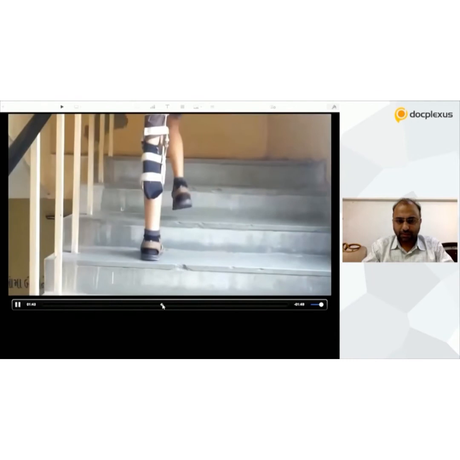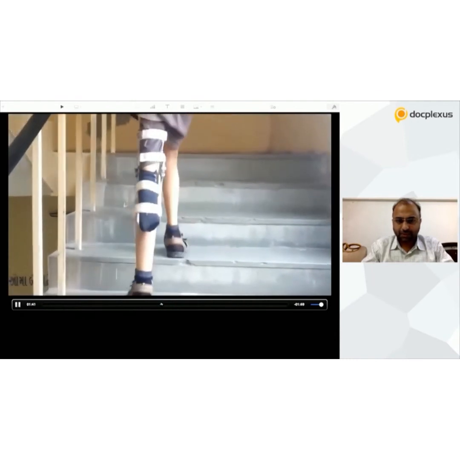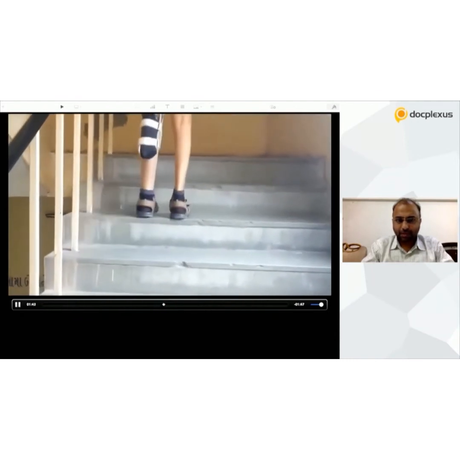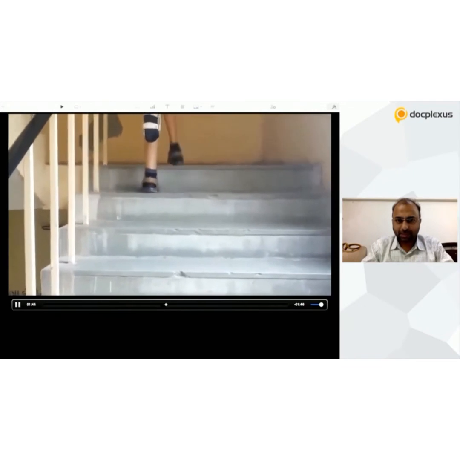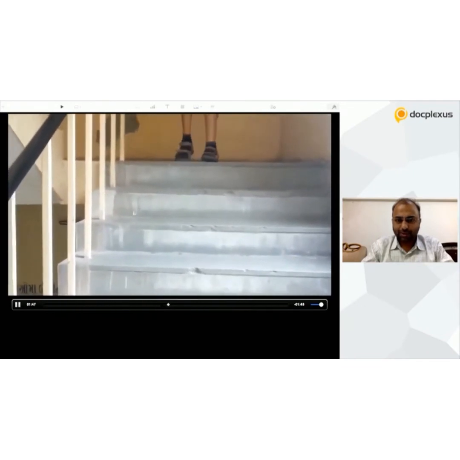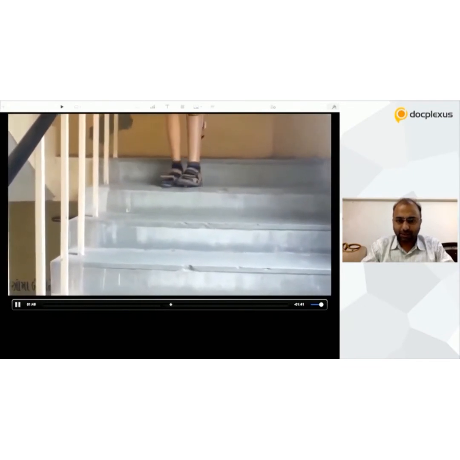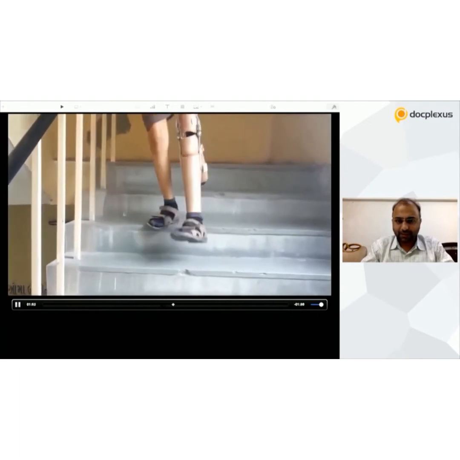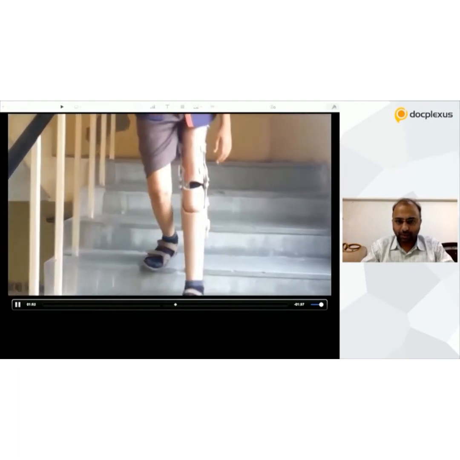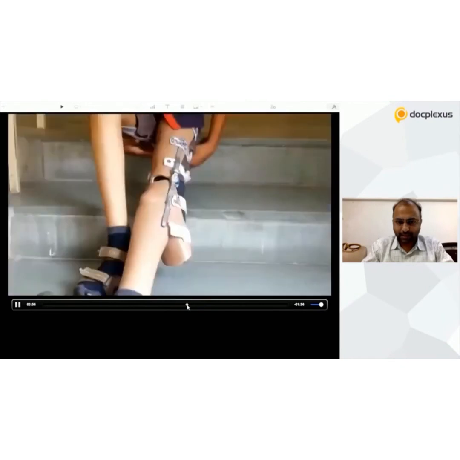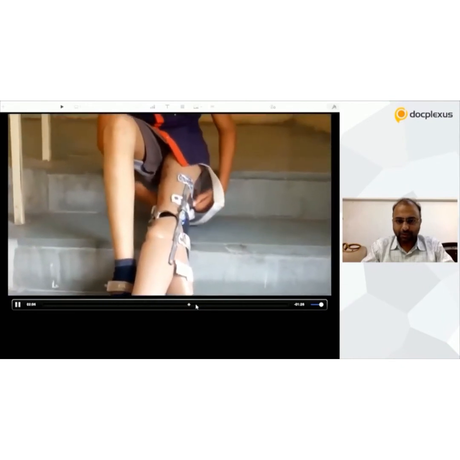Next, we'll be seeing how the patient walks with this prosthesis. He is able to climb upwards, climb the stairs, and go down the stairs. We have seen the walking video of another patient, and this is the patient going up and down the staircase, and he is removing his prosthesis.